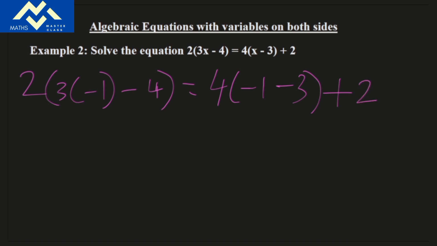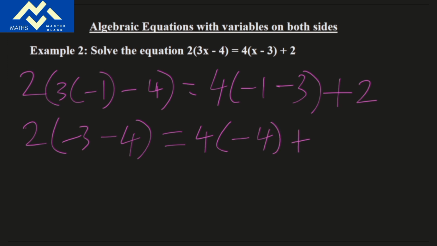So we have 2(−3 − 4). Minus 1 minus 3 equals minus 4. This becomes 4 into minus 4 plus 2. Minus 3 minus 4 equals minus 7.